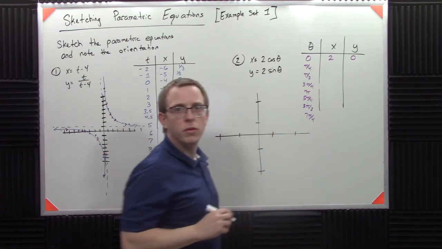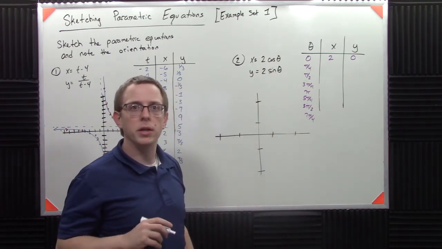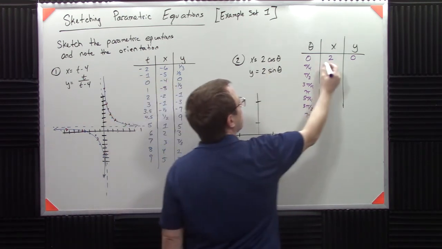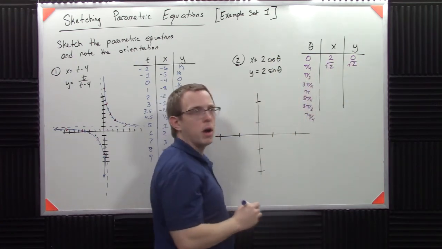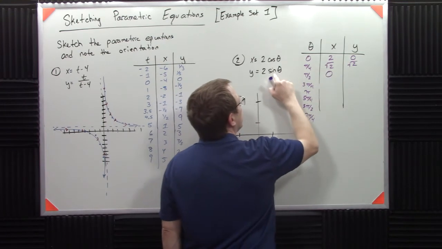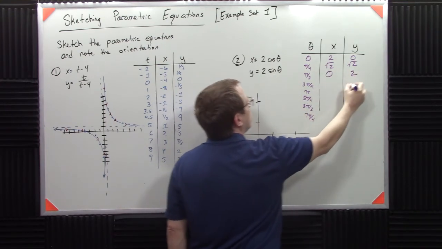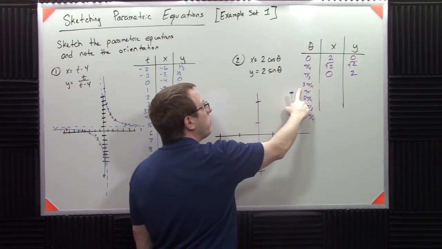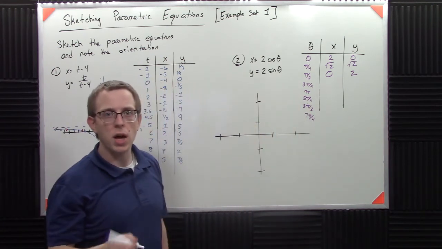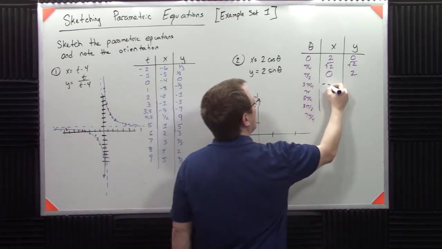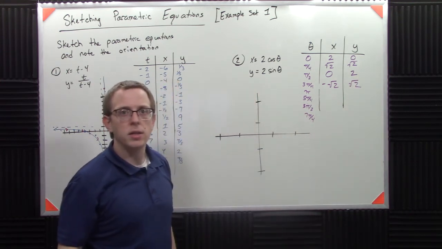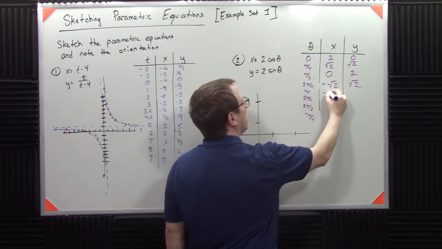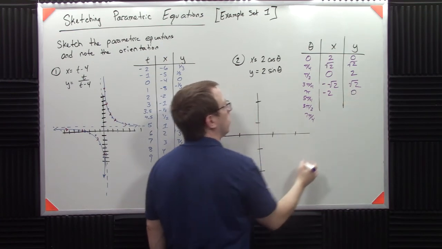Cosine of pi over 4 is square root of 2 over 2 times 2, so that gives me square root of 2. And this is also square root of 2. Cosine of pi over 2 is 0. Sine of pi over 2 is 1. So in the 3 pi over 4 case, cosine is negative, but sine is positive. In the pi case, cosine of pi is negative 1, but sine of pi is 0.